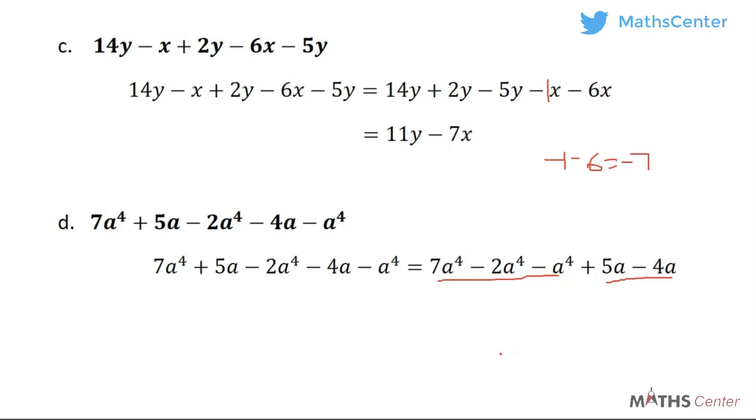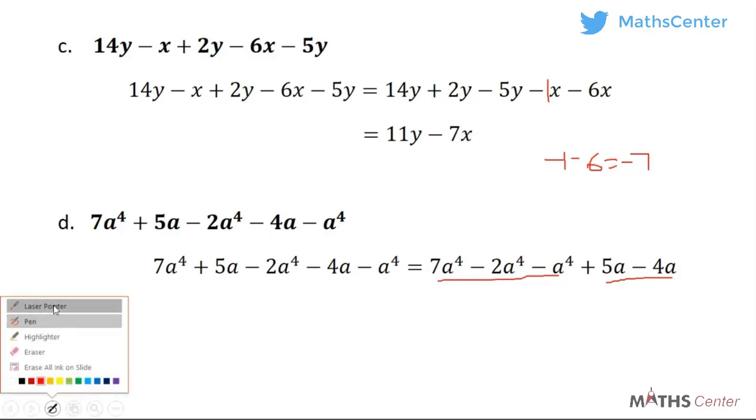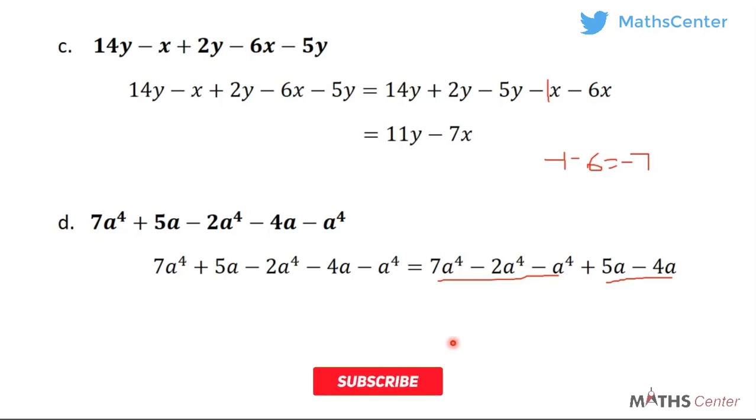So after you've grouped like terms, we move on to our next stage. The next stage says that we should add or subtract the coefficients. So what you are going to do is you are going to add the coefficients of the first part, then we add the coefficient of the second part. If you are adding the coefficients of the first part, you have subtraction and subtraction. So in this case, you are going to subtract.